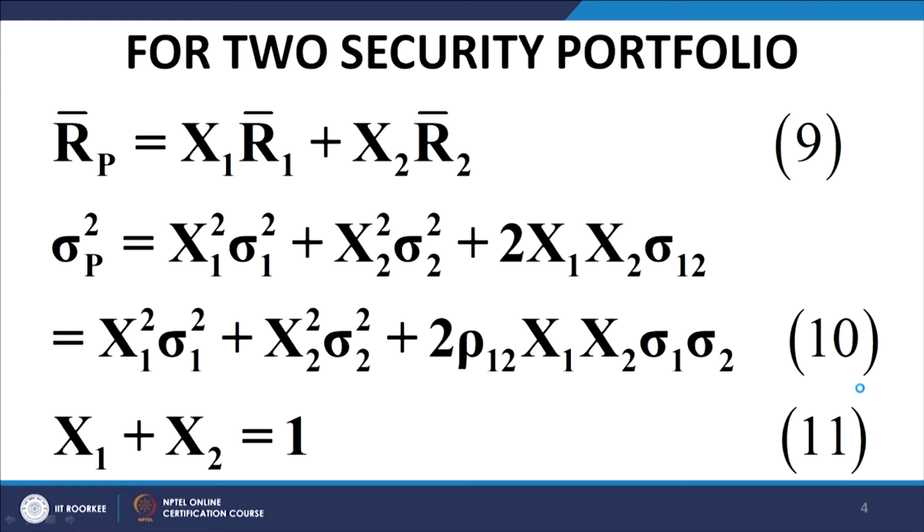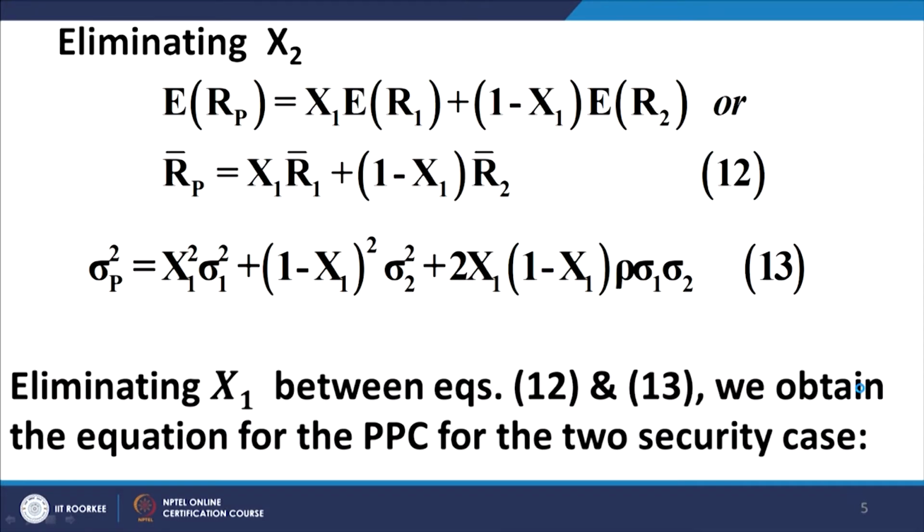So, 9 represents the expected return of a 2 security portfolio, 10 represents the variance of a 2 security portfolio, and 11 gives you the sum of the compositions of the constituents of the composition vector.